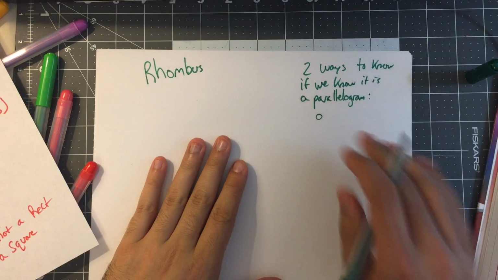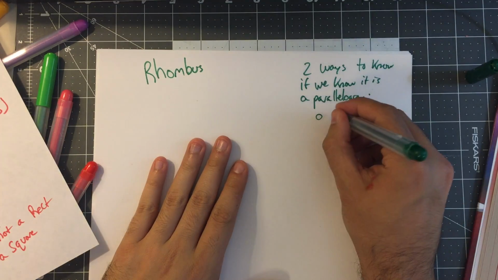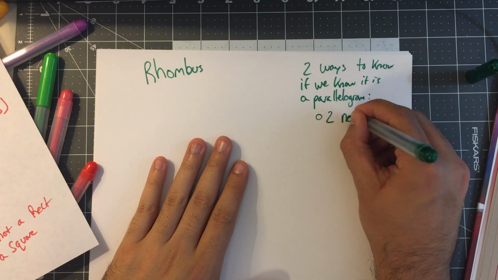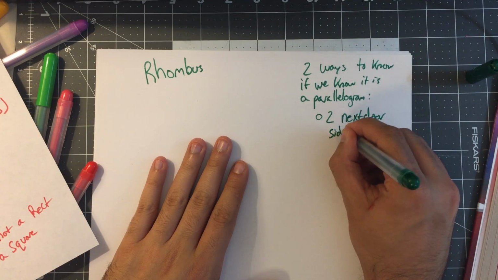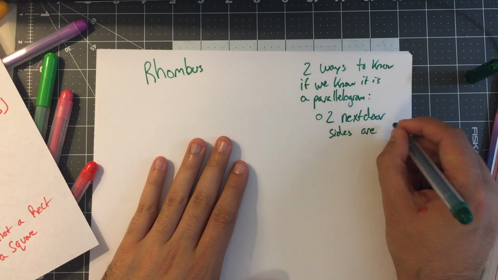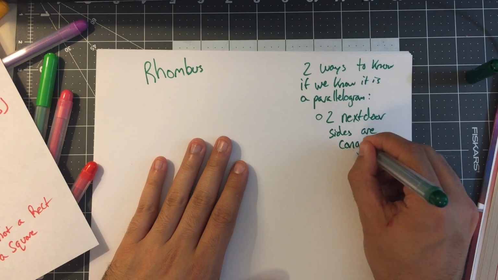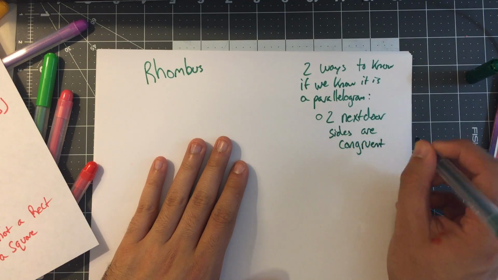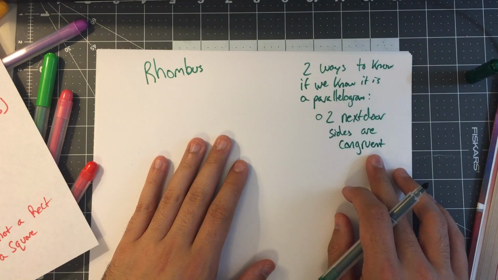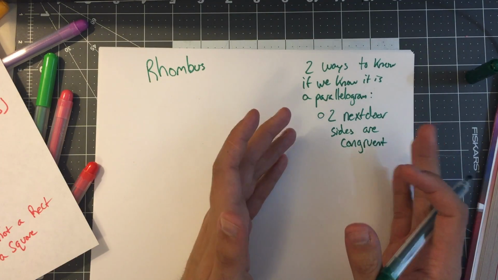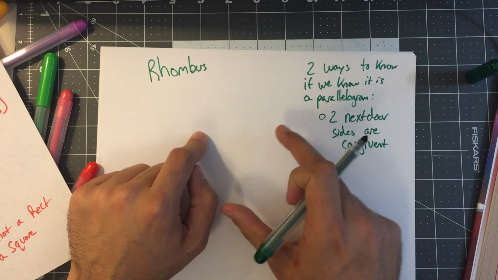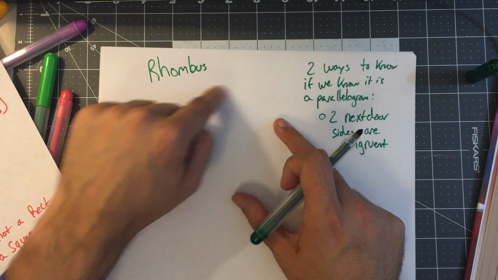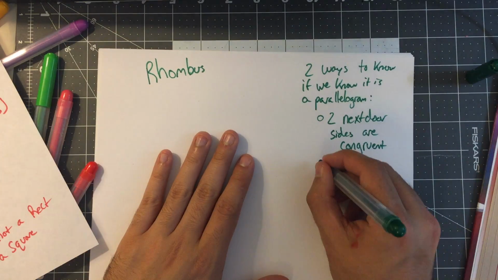One option is if 2 next door sides are congruent. If 2 next door sides are congruent, I know it's going to be a rhombus because I already know, since it's a parallelogram, opposites are going to match. So if I can link next door to each other, they're all going to be the same.